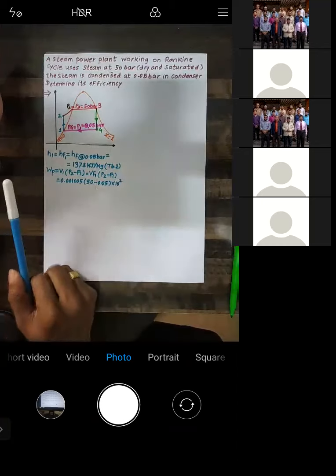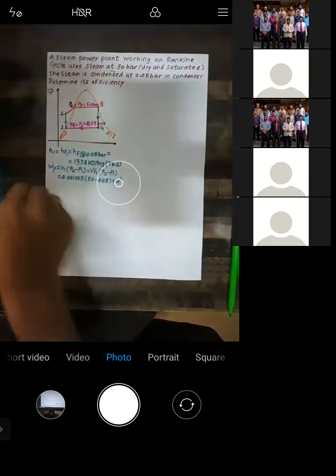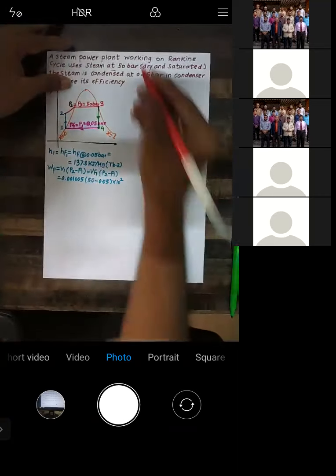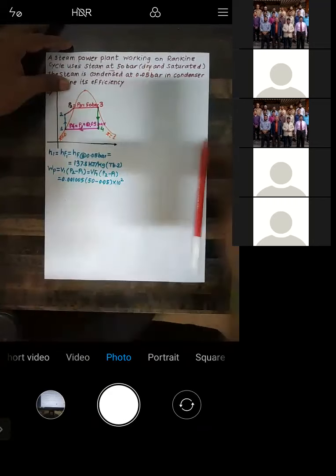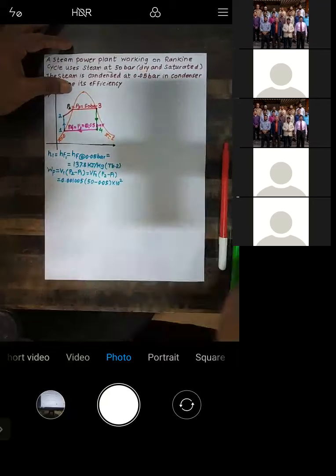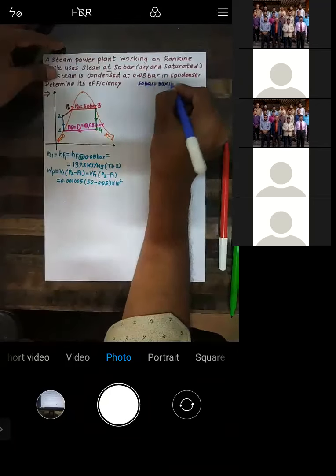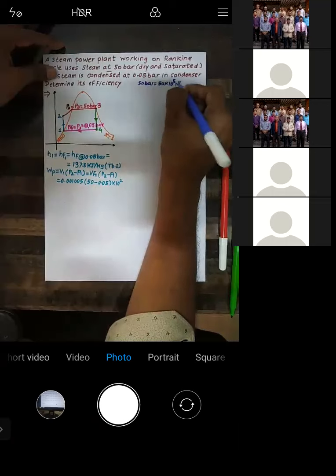I repeat, see 50 bar. If you want, in the rough I will do a calculation. 50 bar is nothing but 50 into 10 raised to power 5 Newton per meter square, right?